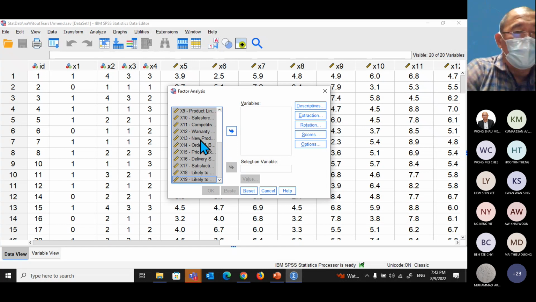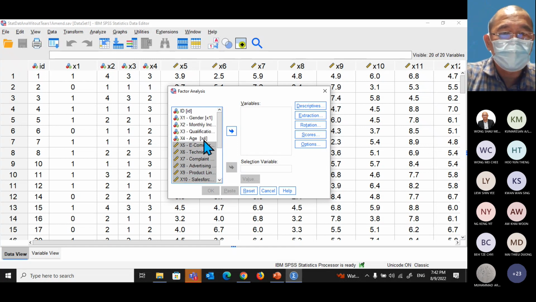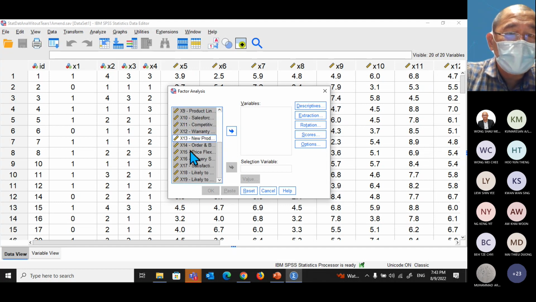Except X6, unselect it, just use control. Also unselect 13 and then 15. The rest we run.